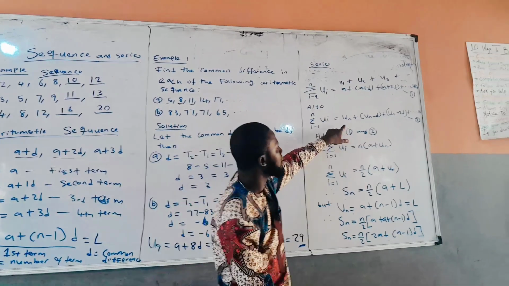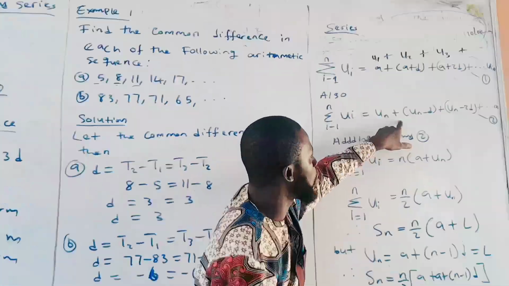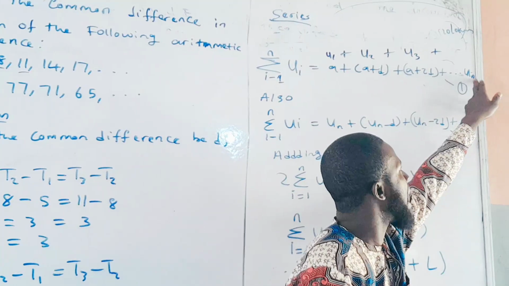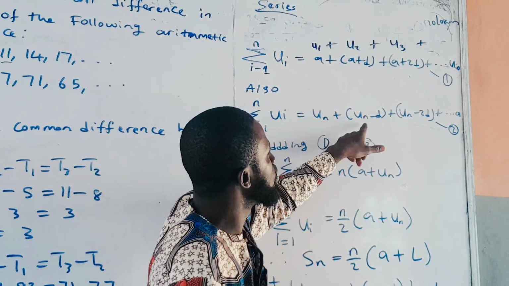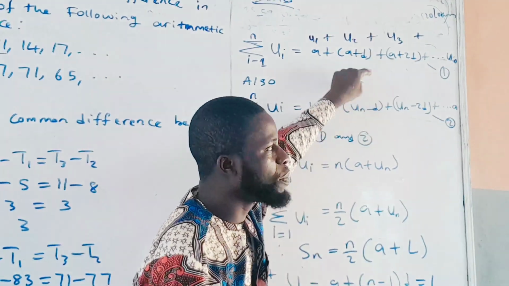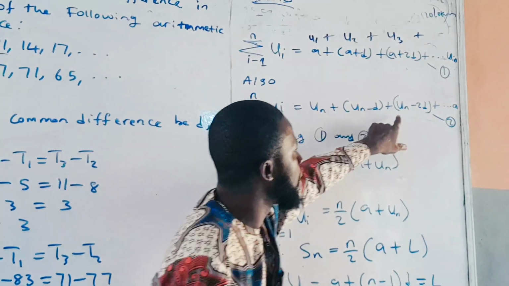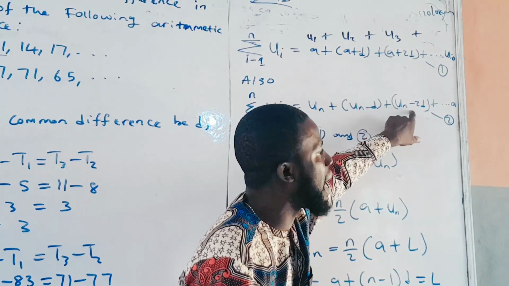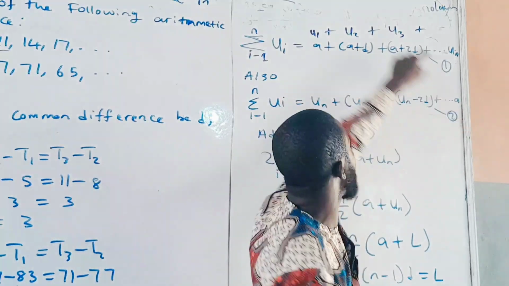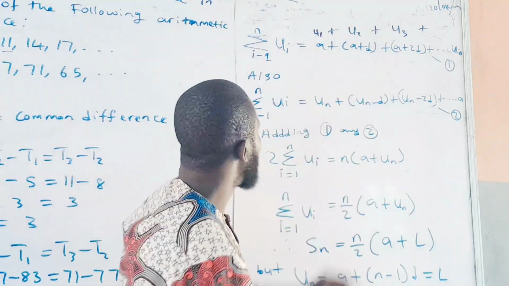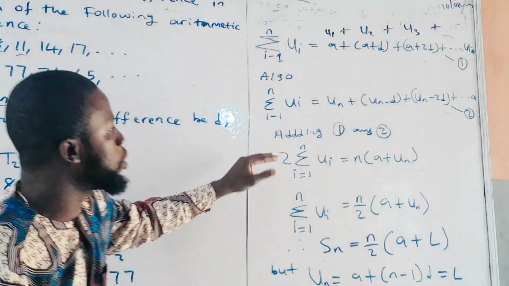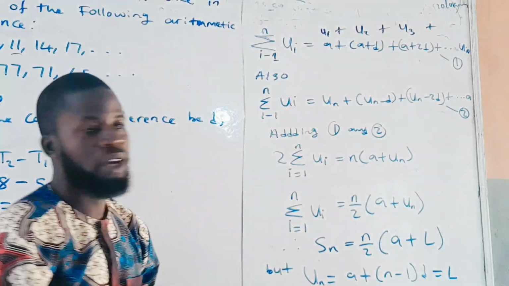So that's why we are taking it from the back here: un plus un minus d, which will be my second to the last term. This is the third to the last term, un minus 2d, up to when you have your a. So what you do is you add the two equations together.